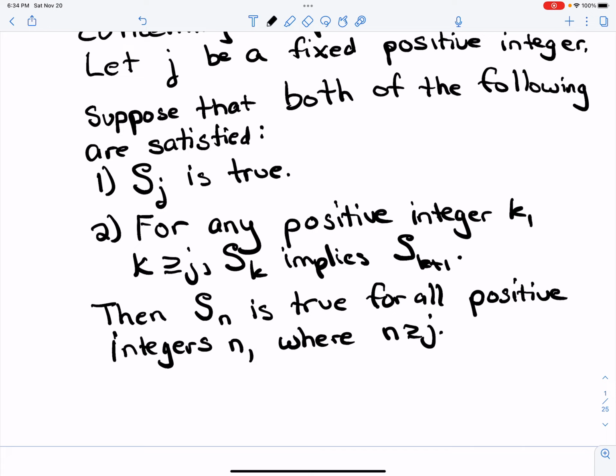We'll use a letter like K. We'll start with the assumption that K works, and then we're going to demonstrate that K plus 1 works. Because if we rely on the hypothesis that K works, and we can demonstrate that K plus 1 works, then that's telling us that into the future, it's going to work. So no matter what K you pick, K plus 1 will always work.